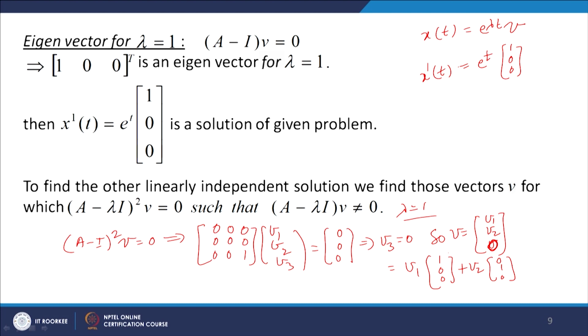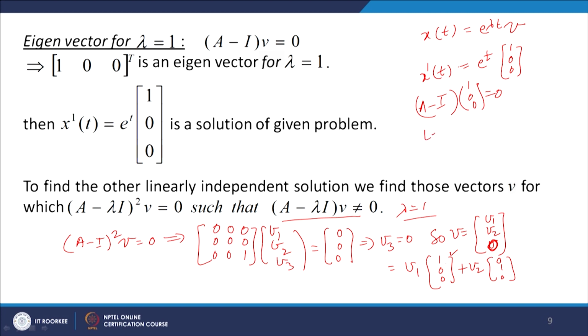But if you take (1 0 0), then we have seen (A minus I)(1 0 0) equal to 0, because (A minus I) B equal to 0 gives us the solution (1 0 0). So, this condition will not be valid if we choose (1 0 0). So, let us choose (0 1 0).